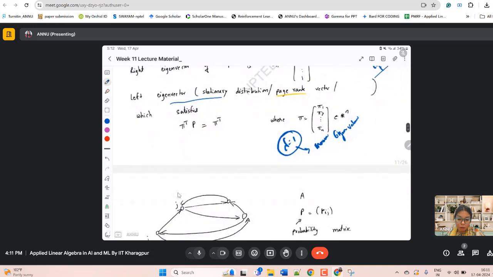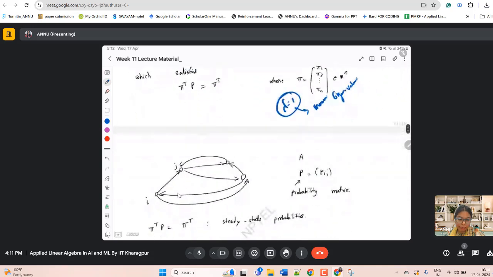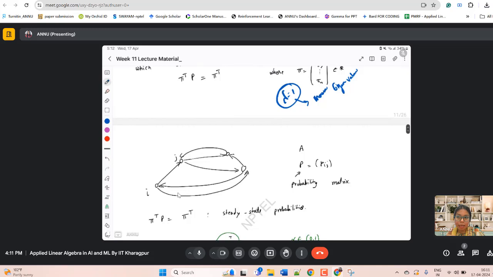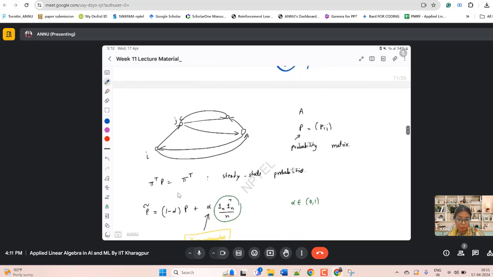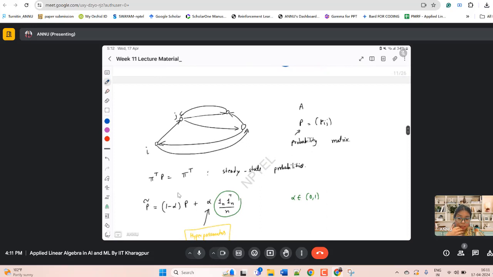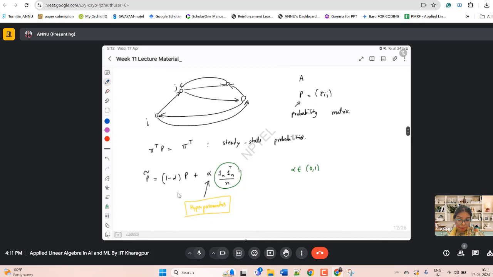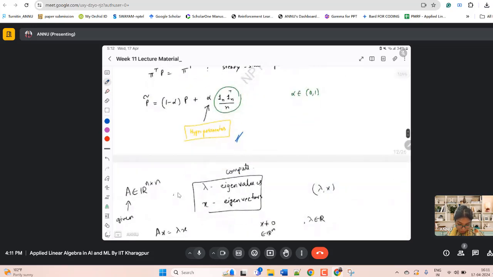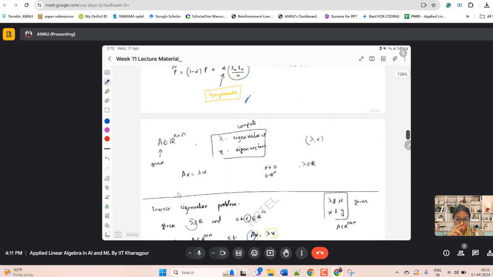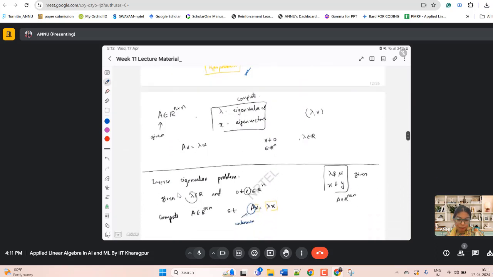So if we write A as the adjacency matrix and Pij as the normalized adjacency matrix, then pi transpose P equals pi transpose. That is the steady state probability, and we can approximate with respect to hyperparameters. As we know, we have to compute the eigenvalue and the eigenvector, and you can get these values.